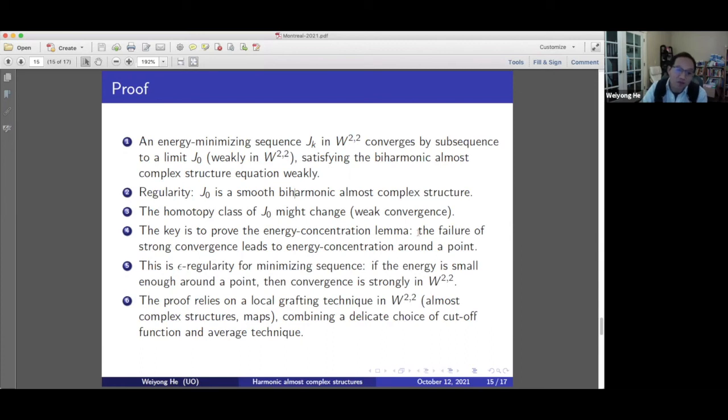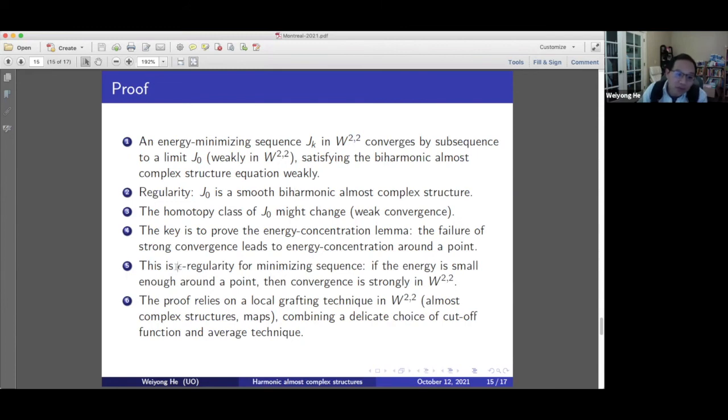The failure of strong convergence in W^{2,2} leads to energy concentration around discrete points. In this energy minimizing setting, it is actually around one point.